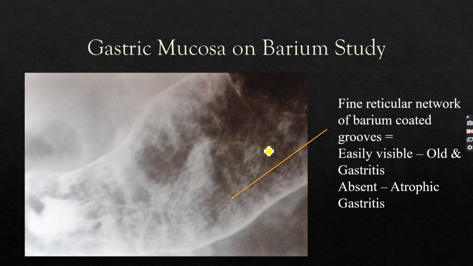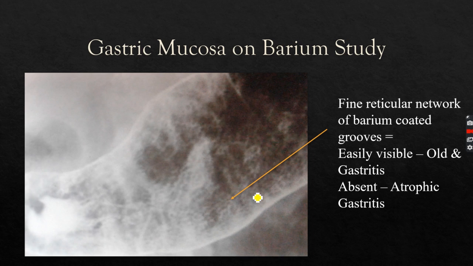The gastric mucosa on this barium study shows a fine reticular network of barium-coated grooves, like here and here, and these grooves are easily visible in old age, elderly patients, and gastritis patients suffering from stomach mucosa inflammation.